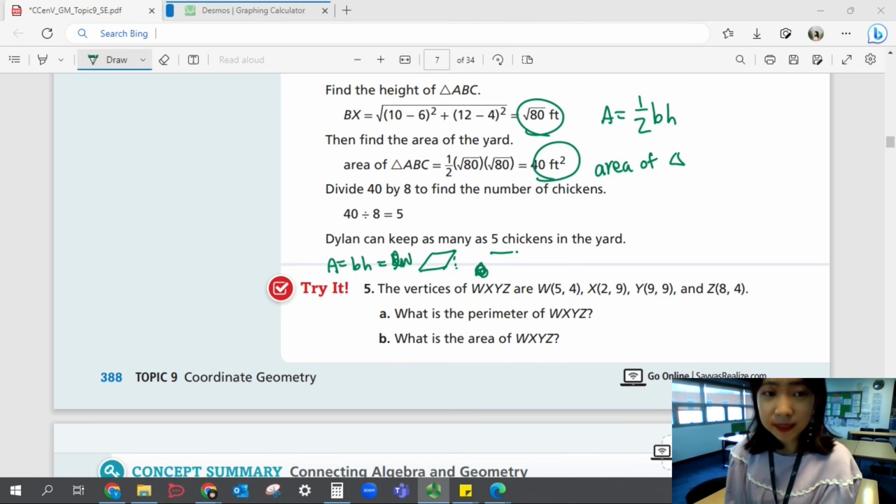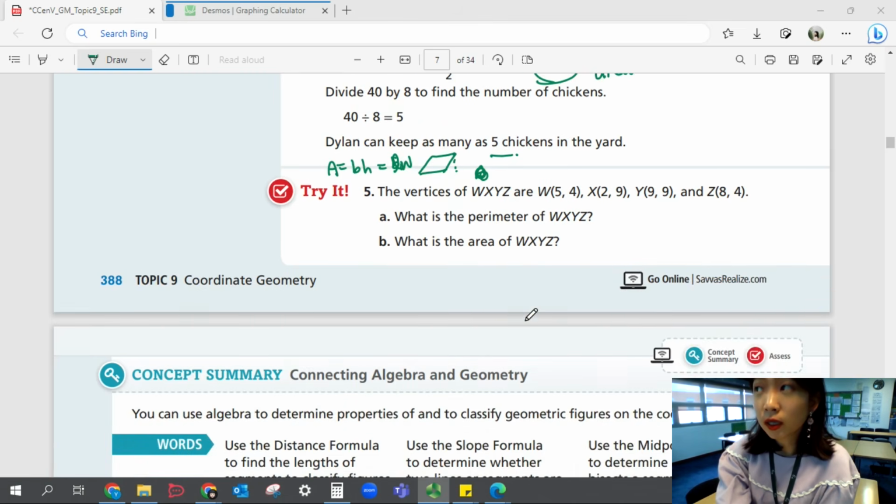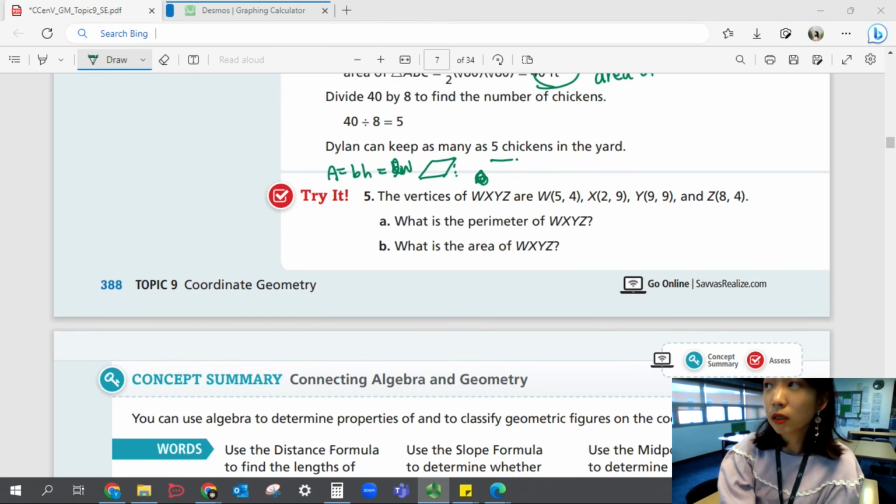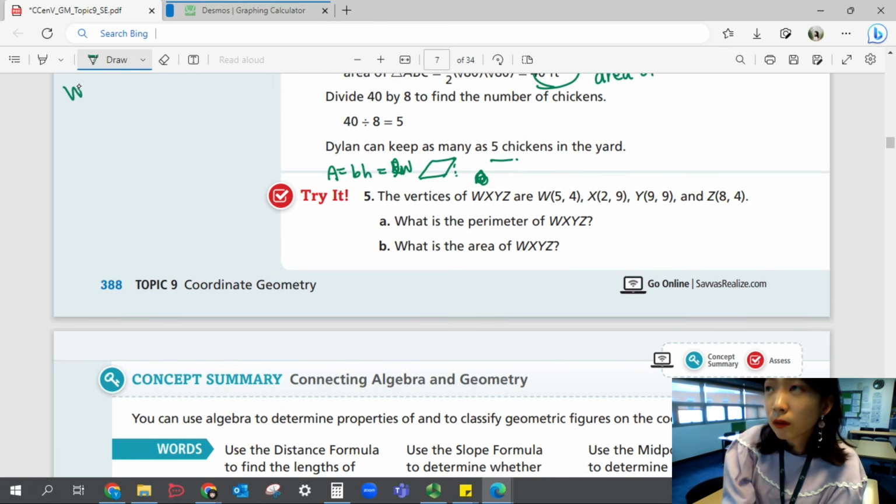Okay, are you ready? So in order to figure out the perimeter, you need to know the lengths of all sides. Let's figure out the lengths for WX, XY, YZ, and ZW. Okay, use the distance formula. WX is going to be the square root of 5 minus 2 squared plus 4 minus 9 squared.